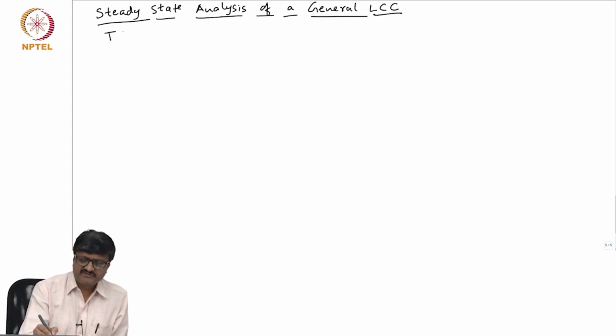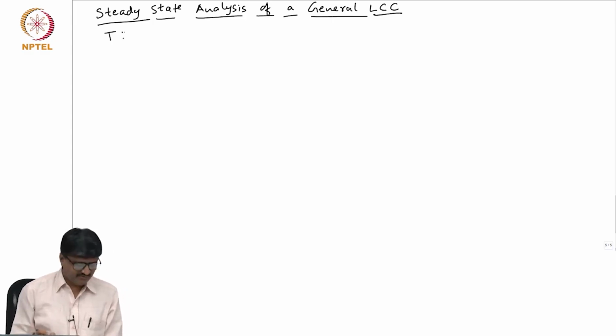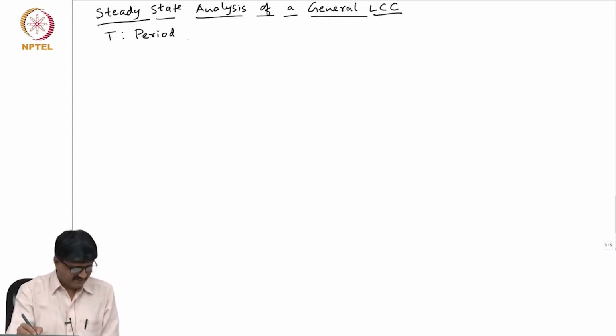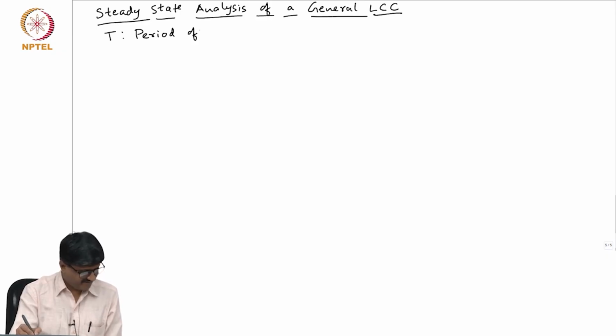So, what we will do is first of all use some notations. T is the notation used for the period. This is in seconds or milliseconds. T is the period of the AC voltage or AC side voltage.